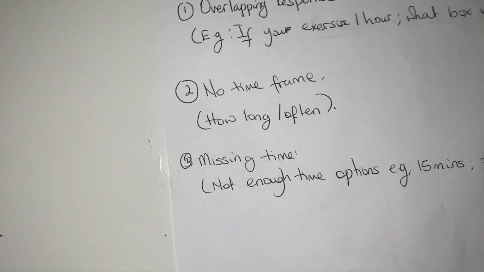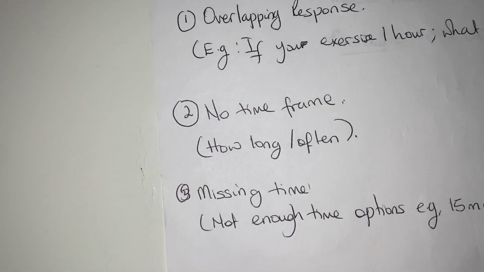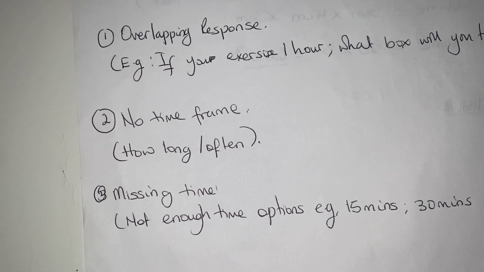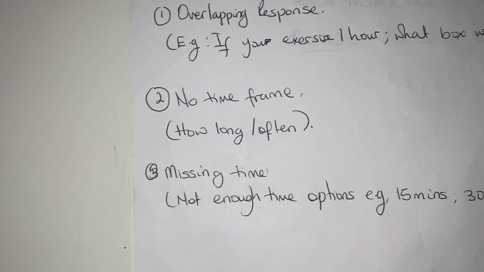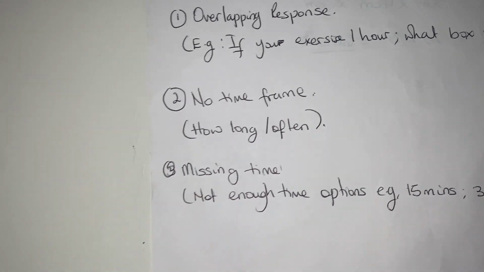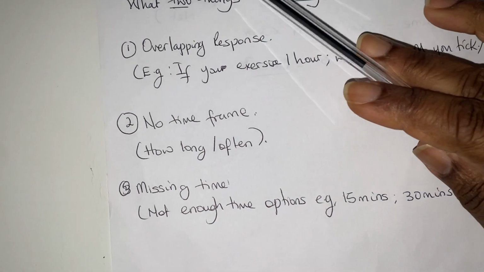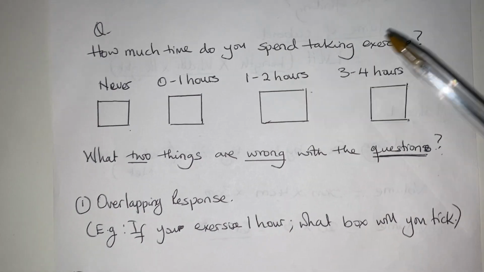How long? Because some people might not be able to do 1 hour, but they can do 15 minutes in the gym, in the exercise session, and do something else. So 0 to 1 hour is quite a bit vague.